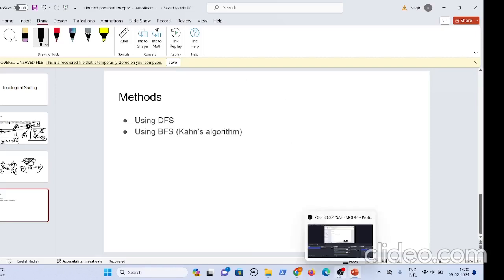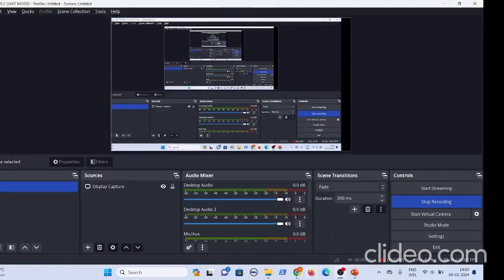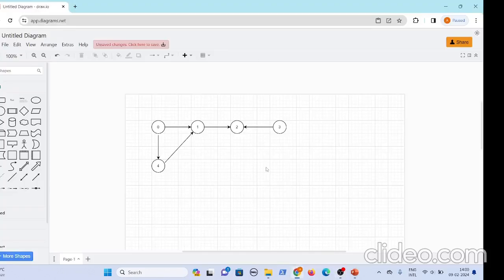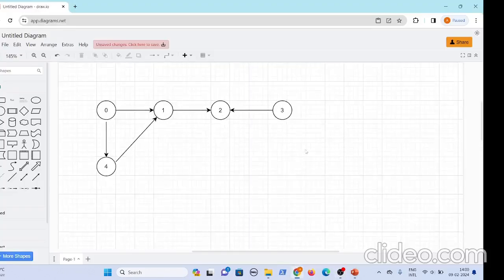Okay. If you remember the DFS, this is a sample graph on which we will determine the topological order. How do you do DFS? Let me write the DFS order here. Let's say I'll start from 0.